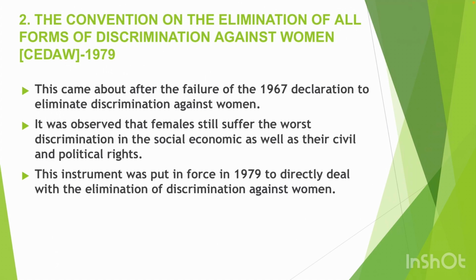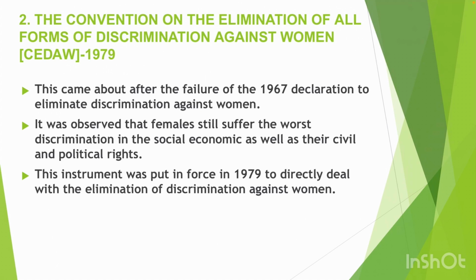So the previous one was dealing with a specific issue, and that was racial discrimination. But this one is now dealing with a particular group of people, and that is what? Women. So this one only deals with the rights of women, discrimination against women.